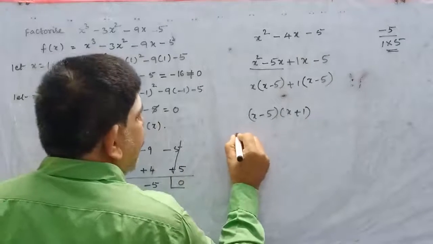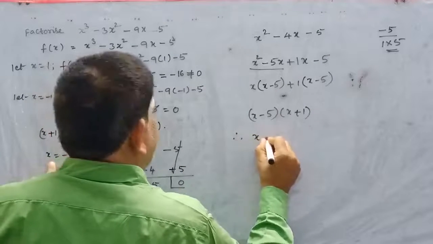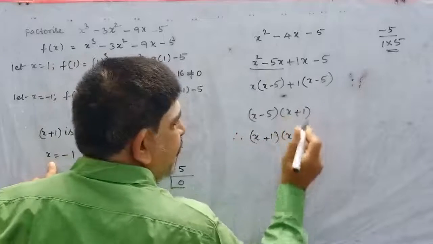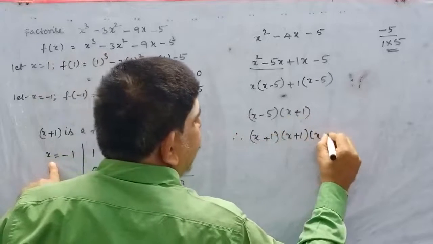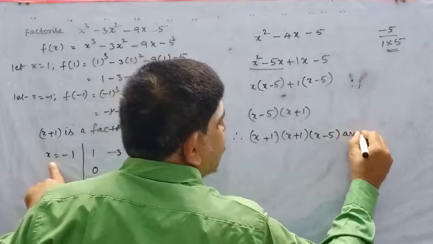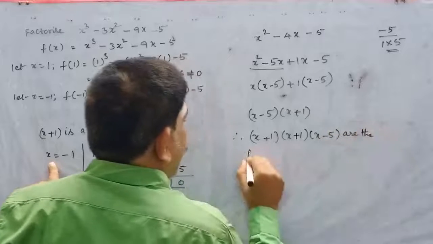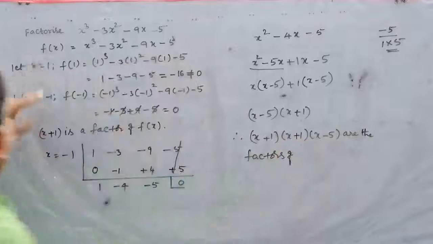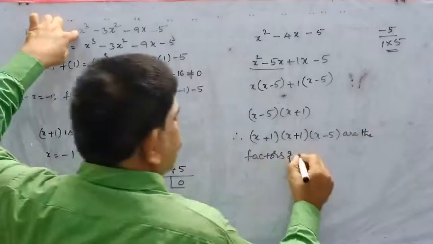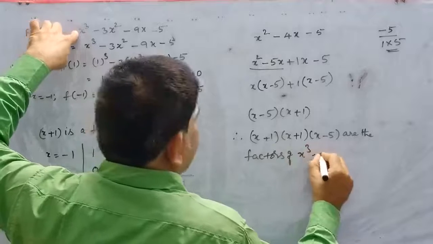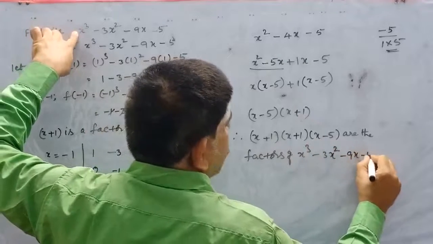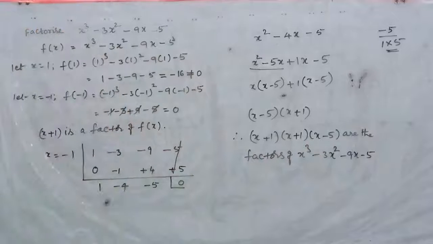Therefore x plus 1, x plus 1 the second factor, and x minus 5 are the factors of f of x. What is f of x? x cube minus 3x square minus 9x minus 5. Okay?